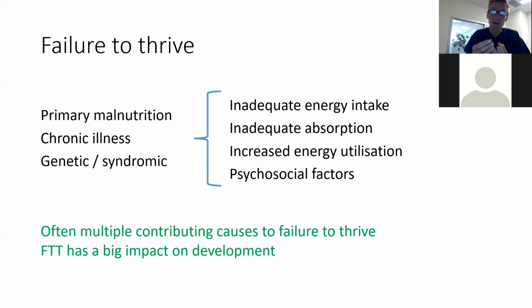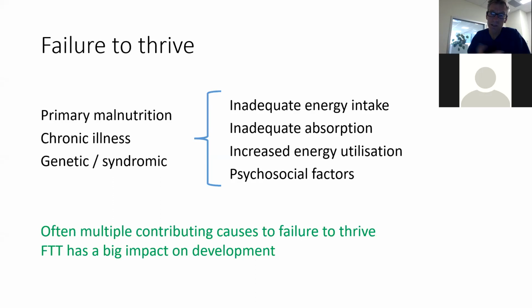By that, I mean there are obviously some clinical genetic syndromes associated with failure to thrive, but some children can also have a propensity to being smaller, growing less, having short stature, based on their genetics, from their parental height and size. But generally speaking, if a child's failing to thrive, they've either got primary malnutrition or a chronic illness or some sort of genetic or syndromic cause. But that's not the physiological mechanisms.